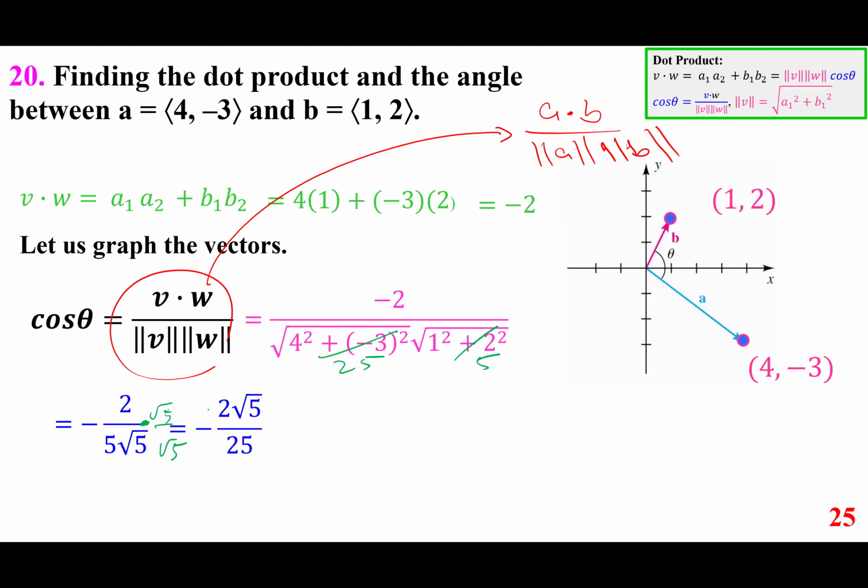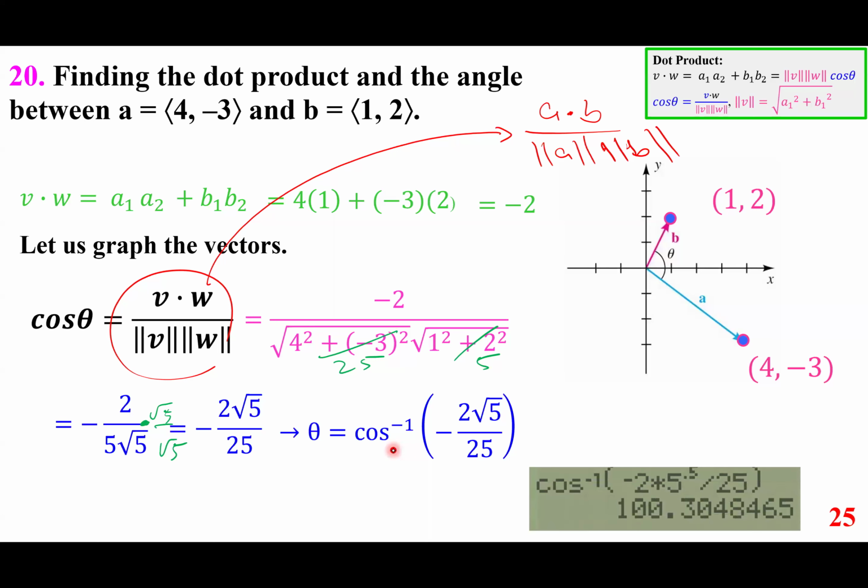So that's cosine theta. What is theta? Cosine inverse of this number. So you put this into cosine inverse on a calculator, and if we just stop there, 100.3 degrees is the angle between the two vectors.